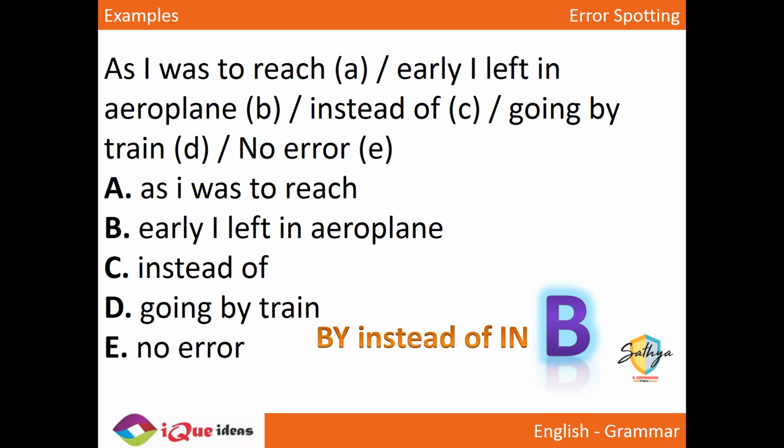The article an would be necessary if in has to be maintained. But if I say in an aeroplane and then say going by train, then they're different. So when you're already saying going by train, then the correction to be made there is I left by aeroplane instead of going by train. Did everybody get that one? I hope everybody got this one.